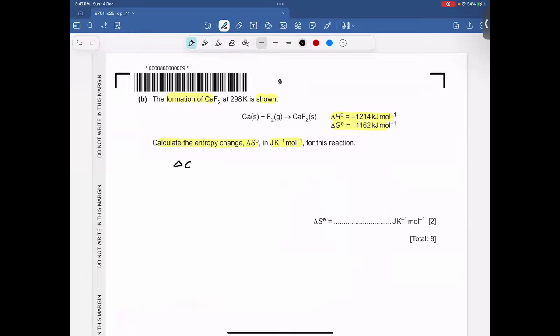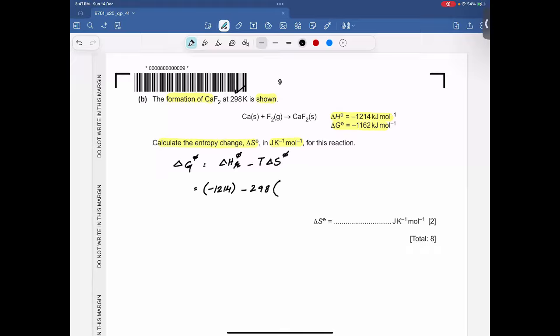Let's use the Gibbs free energy change relationship, which always equals standard enthalpy change of reaction minus T delta S naught. The enthalpy change of reaction is minus 1214, minus T is 298 Kelvin. That is at room temperature and pressure.